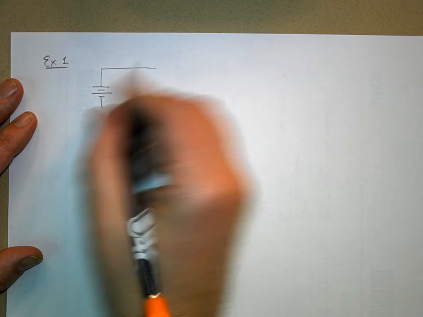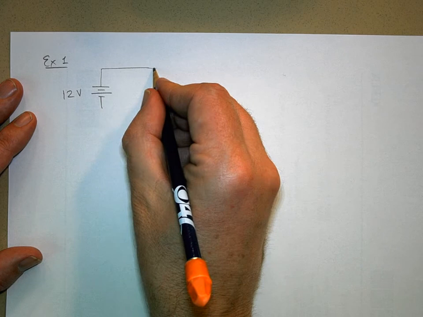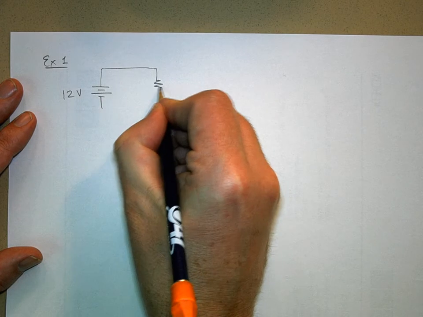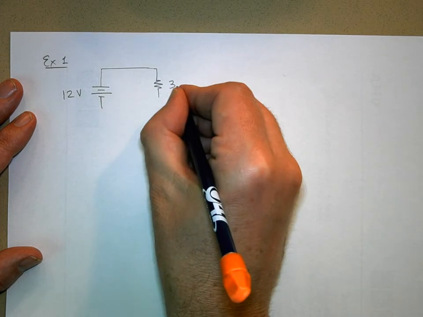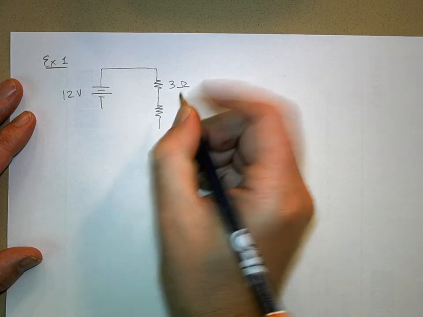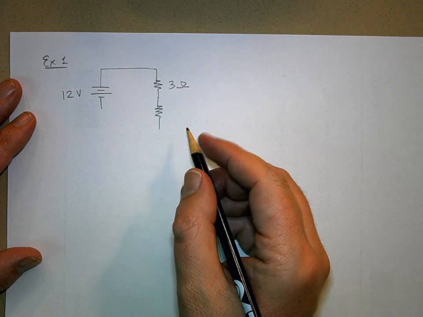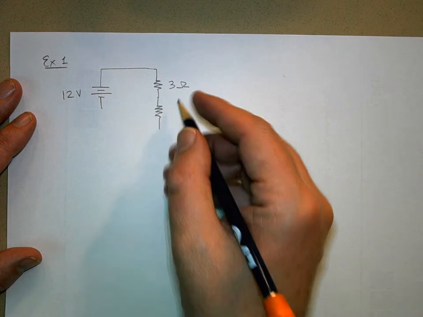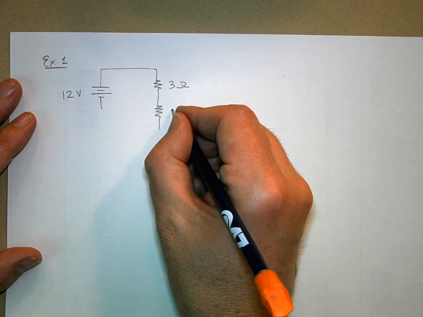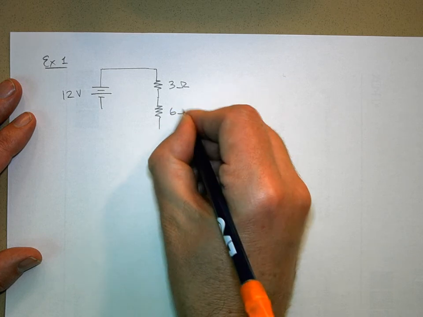Let's say this is 12 volts, 3 ohms, and 6 ohms.